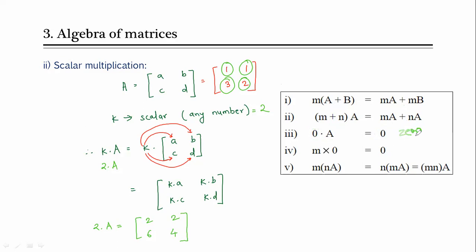It will be a 0 matrix, remember. Okay, M into 0, if this is a 0 matrix, it will be 0. Okay, and this is the fifth property. So this is our basic. Whatever rules are there of basic algebra, the same can be applied to the matrix.